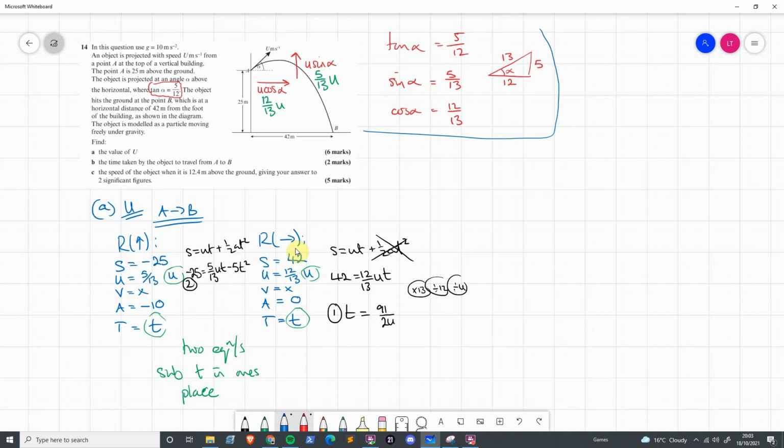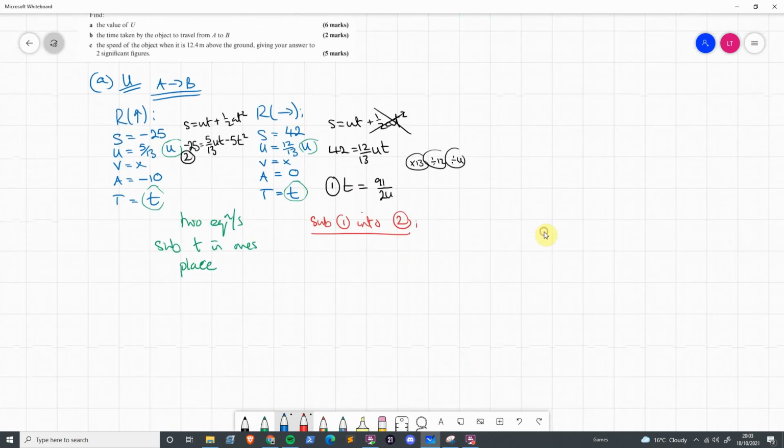So let's sub 1 into 2. I'll scroll down just a little bit. So minus 25 equals 5 over 13 u, and then sub this in, 91 over 2u. Them u's will cancel out. And then I've got minus 5t, so minus 5 times 91 over 2u, squared.